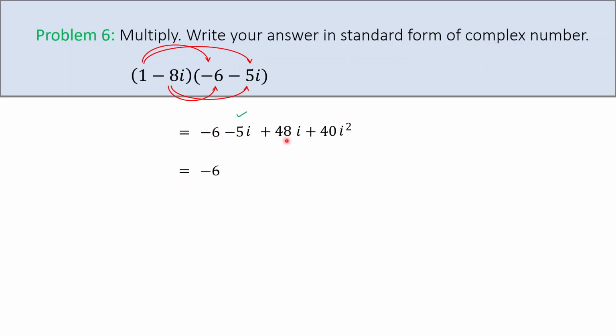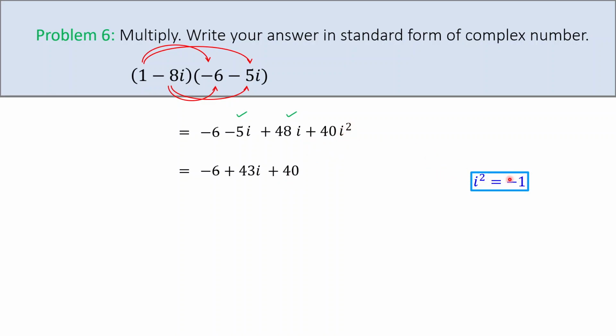Now you can combine these two. There is i here, also here there is i. 95i plus 48i is plus 43i, plus 40i squared. This i squared is negative 1.